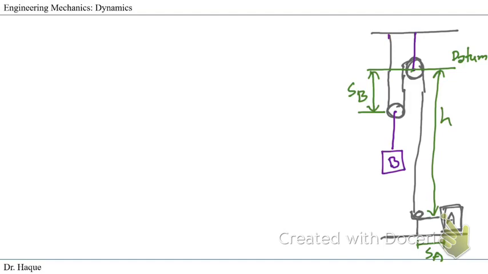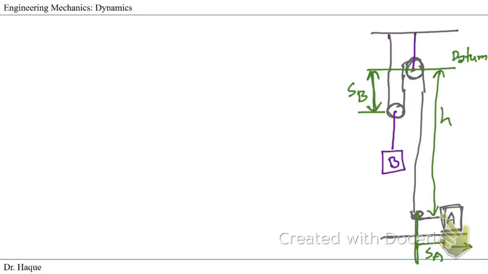We need another datum, which is this point. So we're taking this point as the datum for this direction of translation of A, which is SA, and from this datum is B.